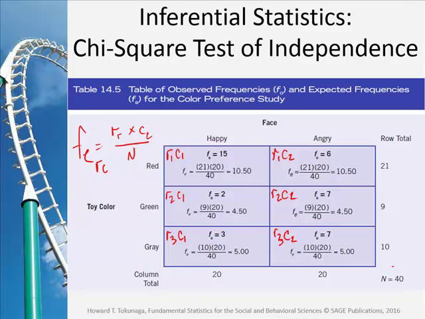But just look at it and go, okay, if I'm talking about this cell here, I need the total of this row, which is 15 plus 6 is 21, times the total of this column, which is 20. You multiply those together, divide by 40, and we would expect to get 10 and a half. Okay?